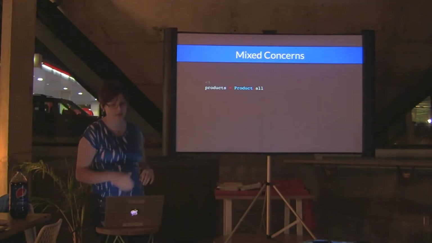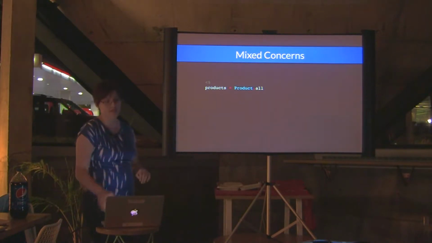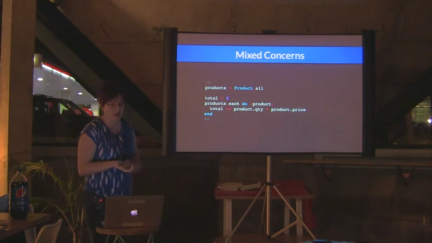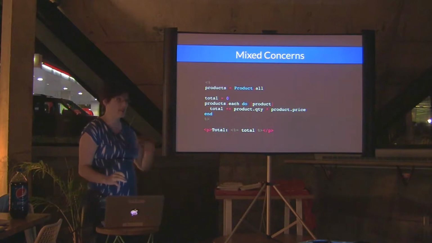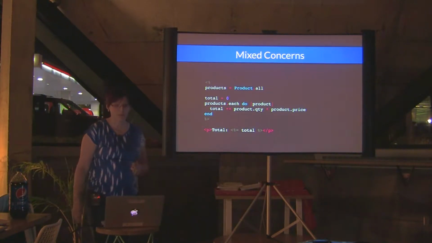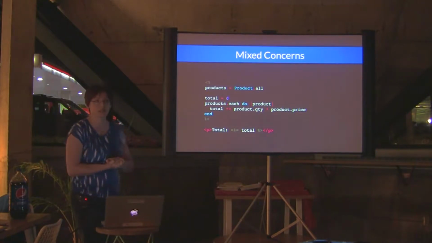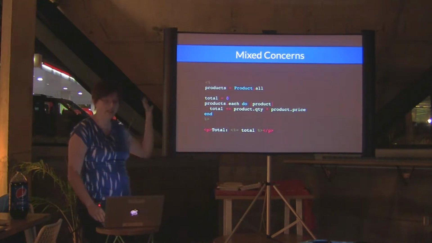Here's an example of a code smell: mixed concerns. In the same file, let's say you have access to the database, then you have some business logic, and then you also have some HTML output. Maybe even a connection.exec directly, not even going through Active Record, if you feel really adventurous.